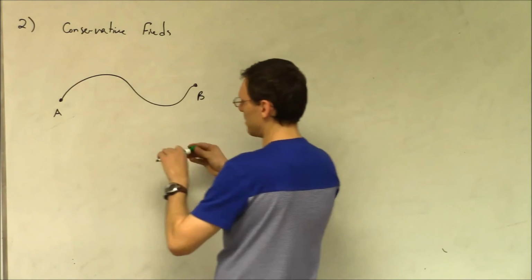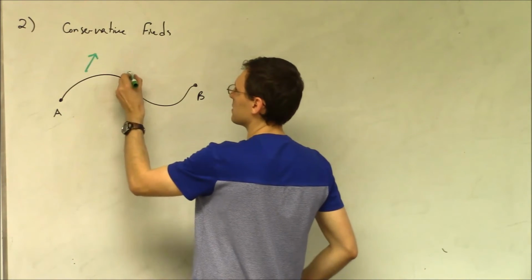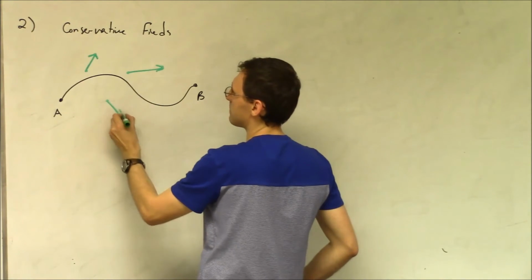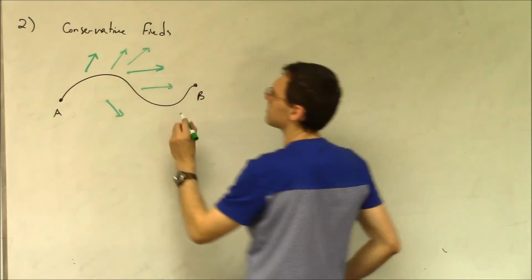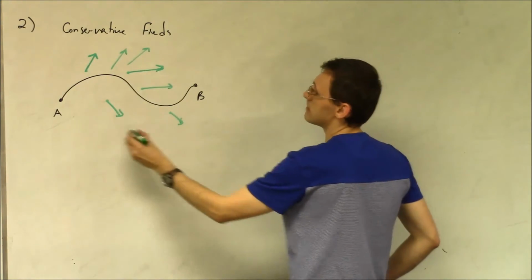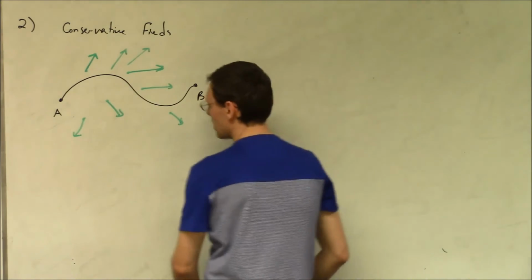And there is basically in the background a vector field, something like this. So that's the vector field.